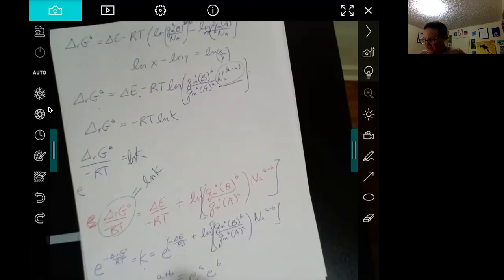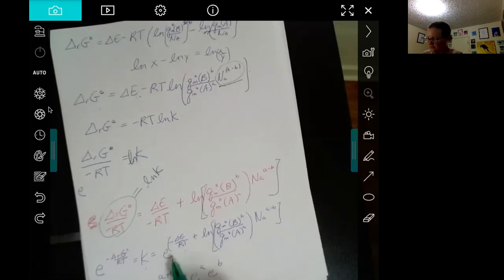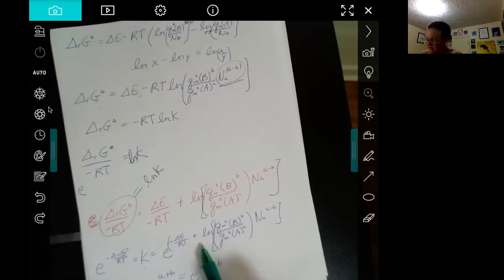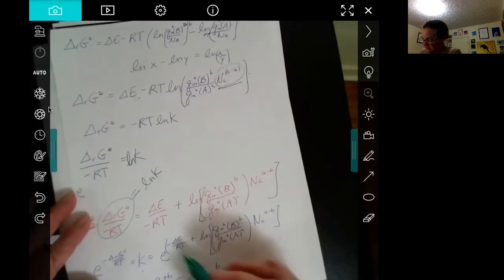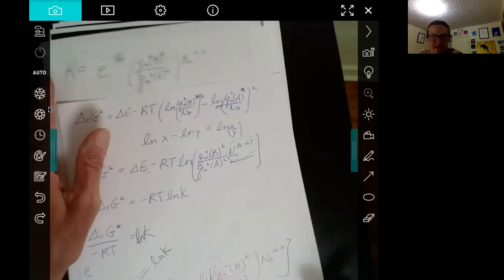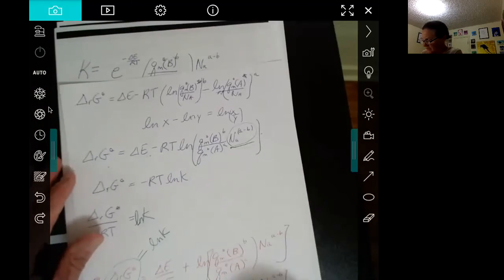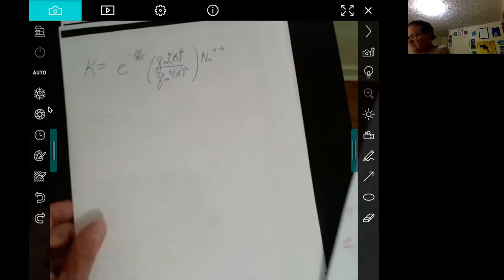And if you remember, e to the A plus B equals e to the A times e to the B. So that will allow me to split up these two terms. It will end up being e to this times e to this. When you do that, this term just becomes e to the minus delta E over RT. And this term, when you take e to the ln, cancels, and you're just left with that Q ratio.